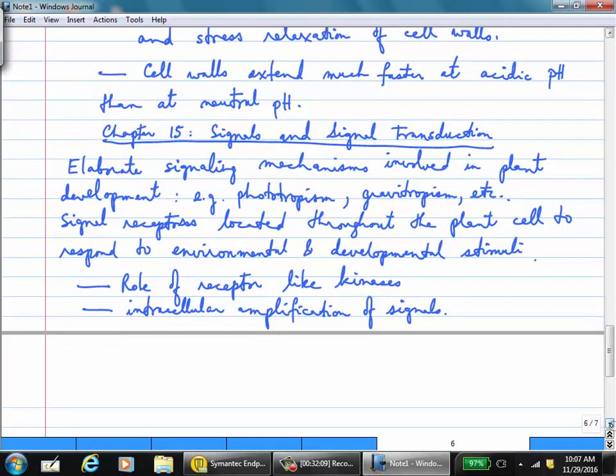In fact, a particular example where you do have intracellular amplification of signals is the MAPK signaling cascade, which we also see in animals. All eukaryotes have that. So mitogen activated protein kinase signaling, the MAPK signaling cascade.